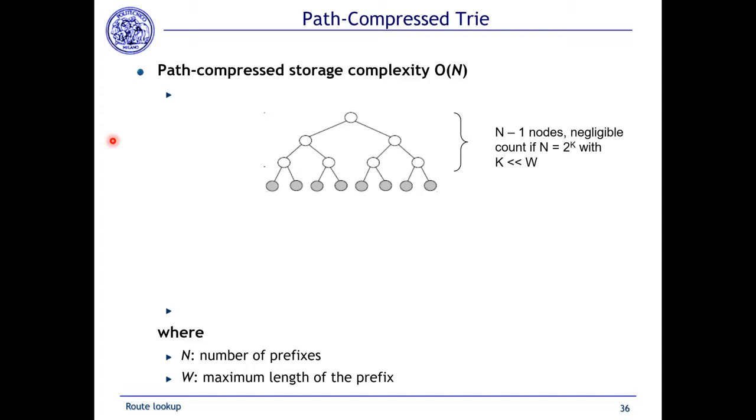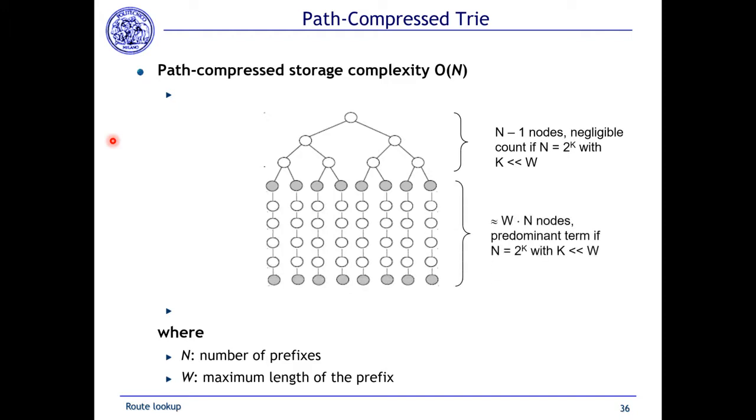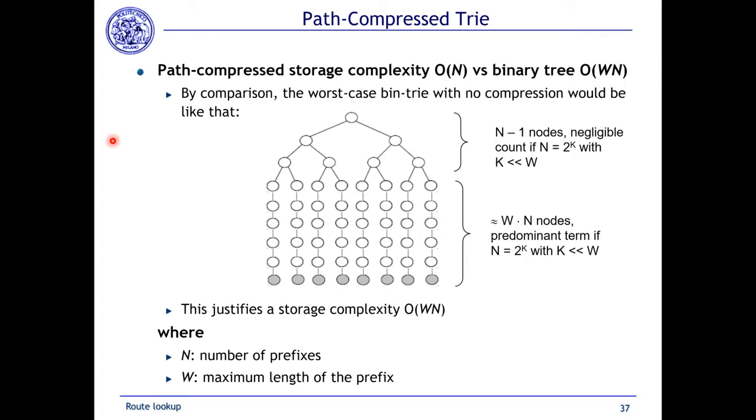And you can see that there are the n gray nodes at the bottom. The uncompressed version, in the worst case, would be like that, where you have all the prefixes with length w, but actually the gray nodes are all at the bottom.